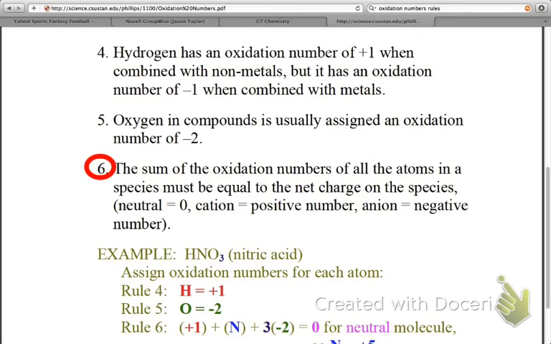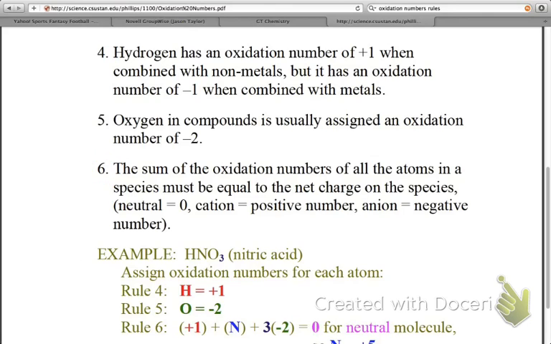Then the rule for finding oxidation numbers is stated in number 6. The sum of the oxidation numbers of all the atoms in a species must equal the net charge on the species. So, for example, in the element Fe, the net charge is 0, so the oxidation number is 0.